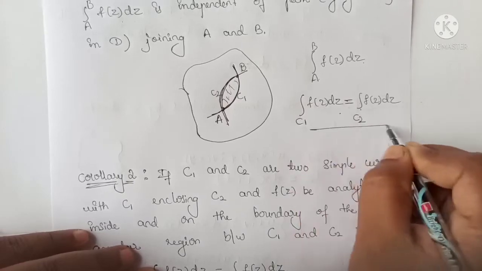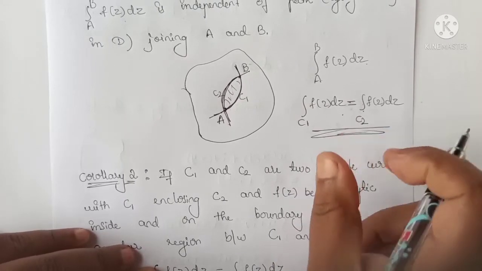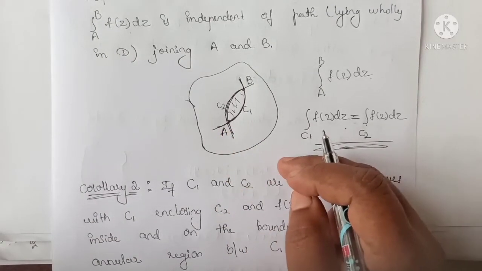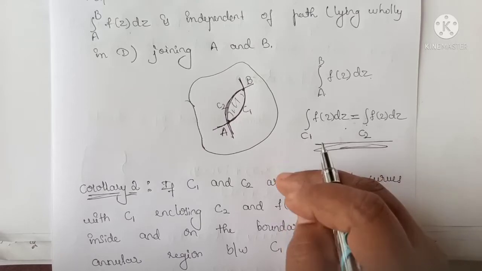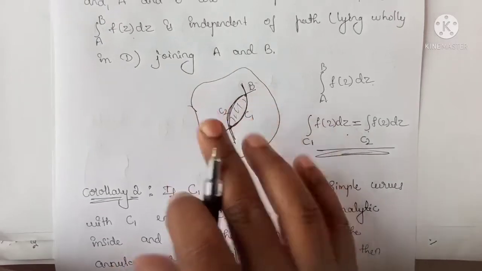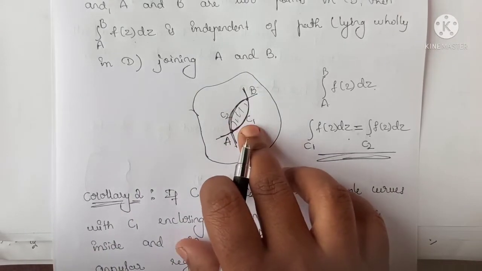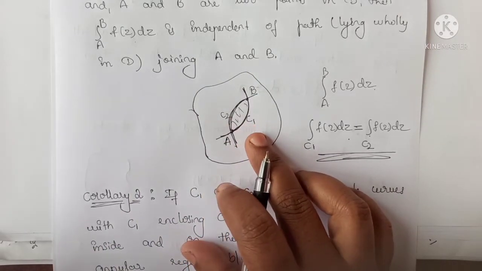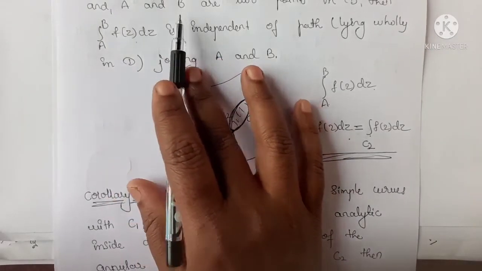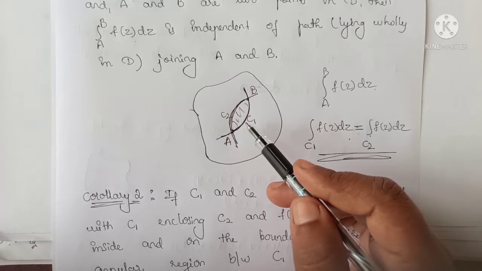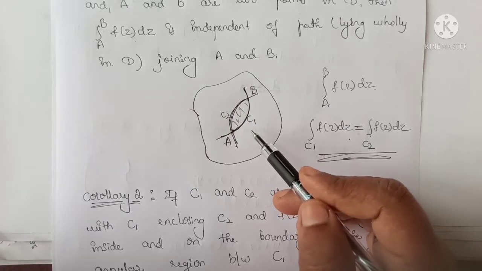Both are the same. Independent of path means you can integrate in any path and you will get the same answer. So if we have a closed domain D in which f(z) is analytic, and two points which lie inside D, then the integration from a to b is path independent.